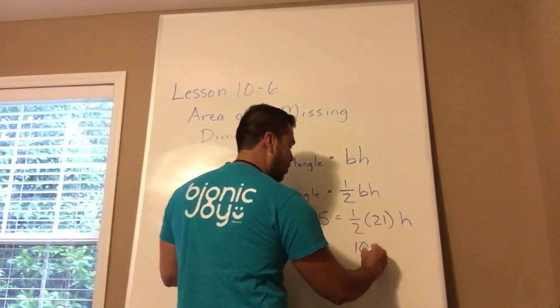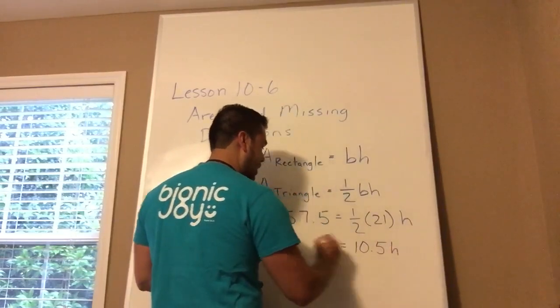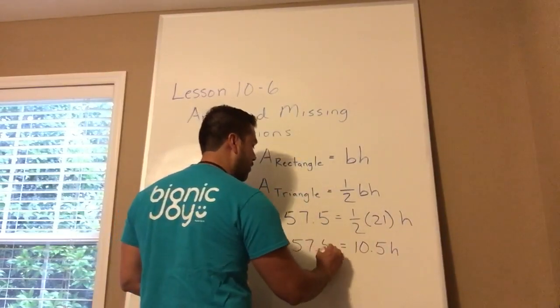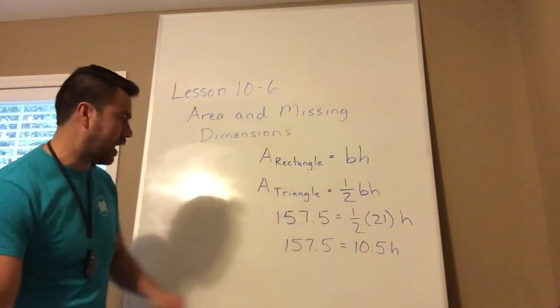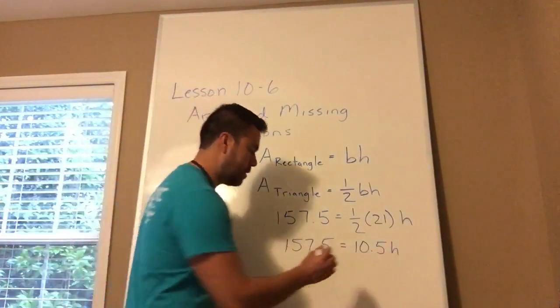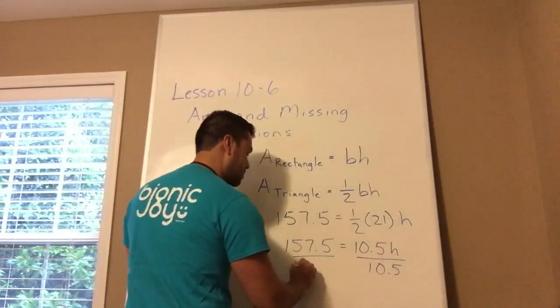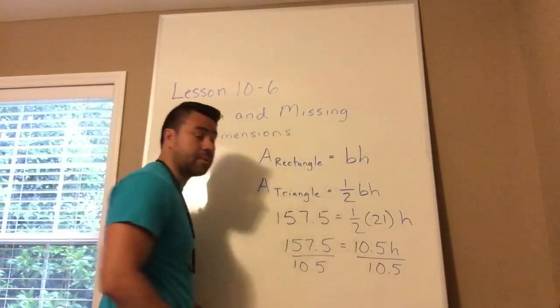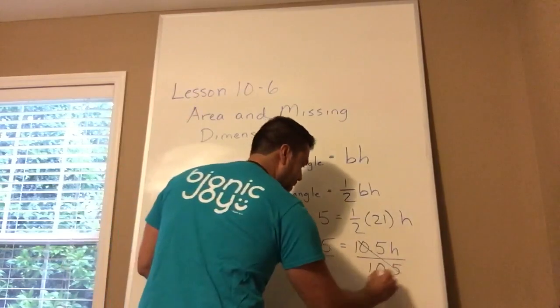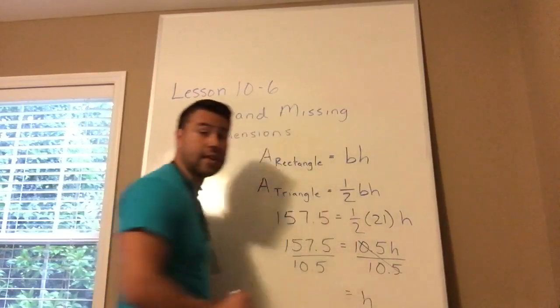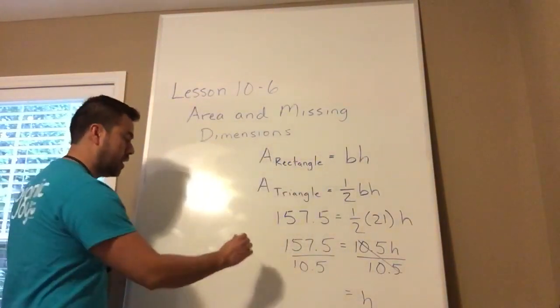So I have 10.5 h equals 157.5. I have 10.5 times h, and I'm going to divide both sides by 10.5. That's going to give me my answer when I work it out. That gets me h.